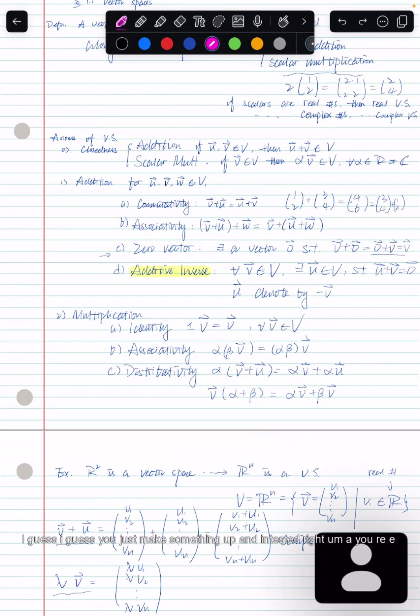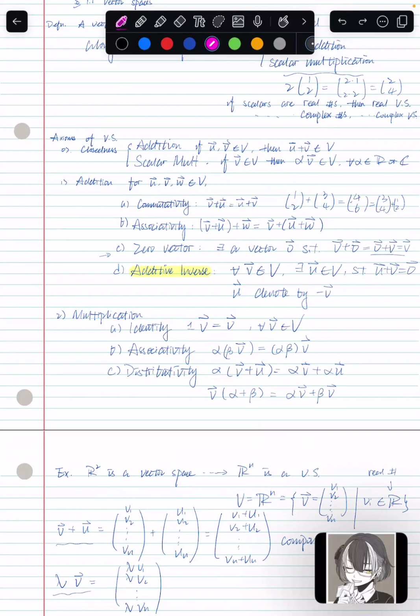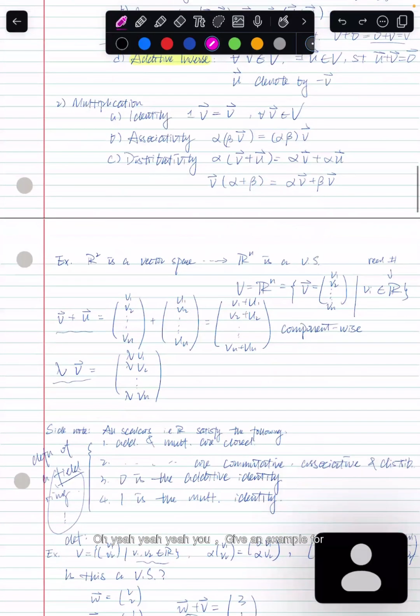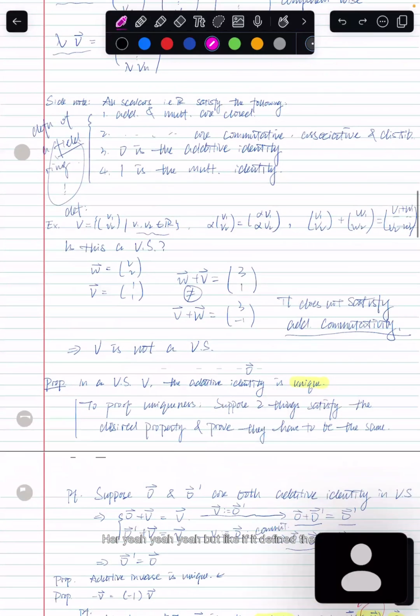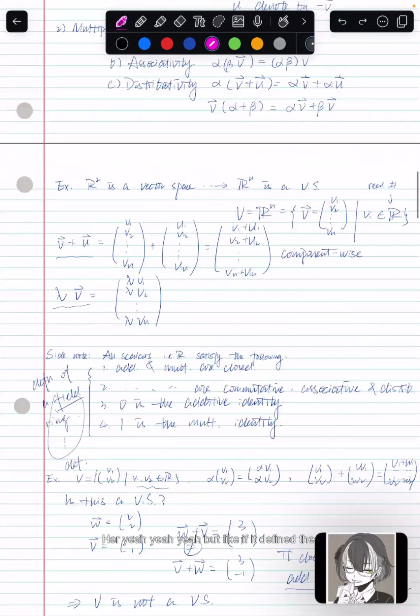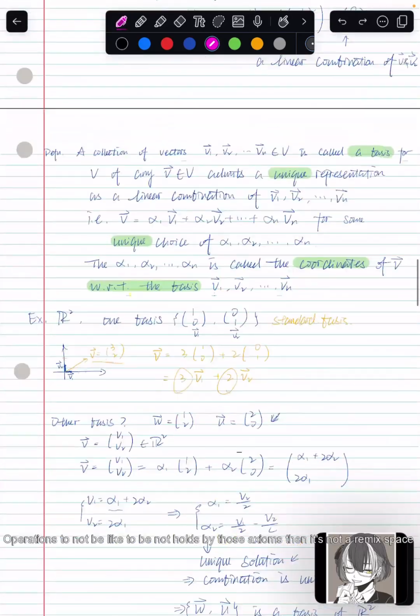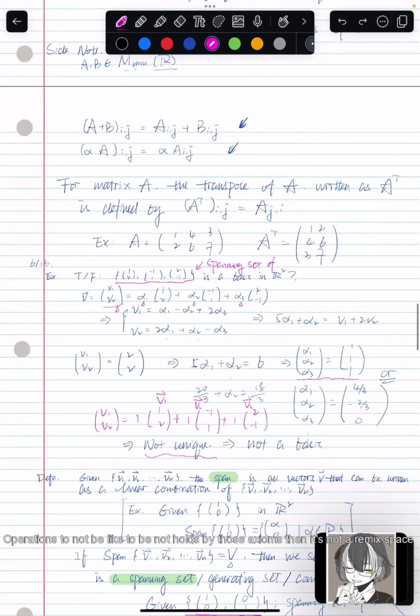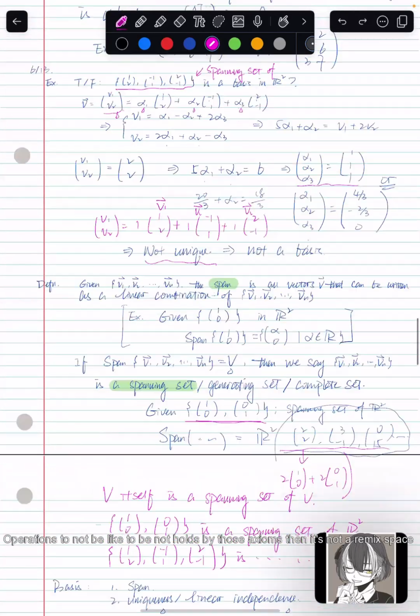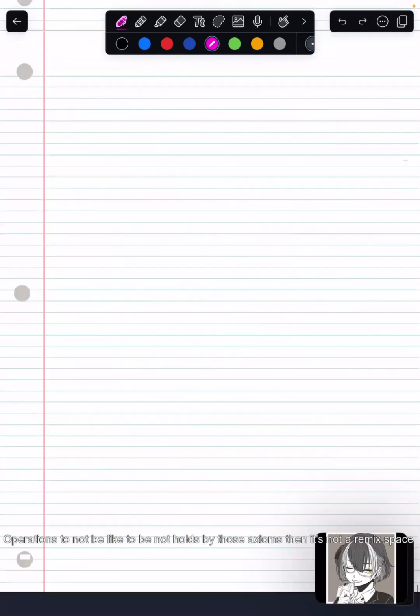I guess you just make something up and then test it, right? Yes, you gave an example before. If the operations are defined such that the axioms do not hold, then it's not a vector space.